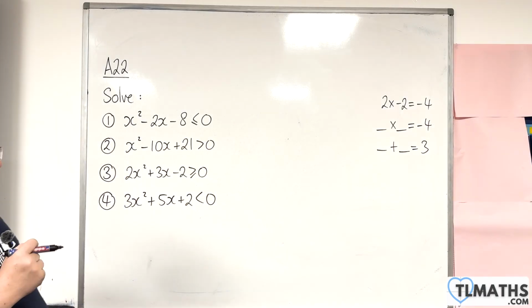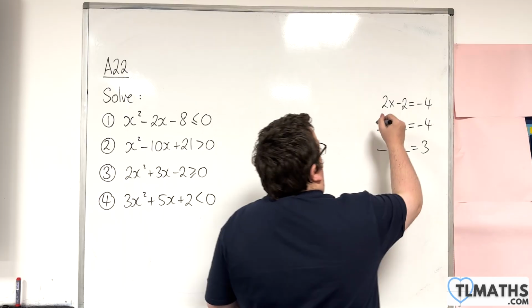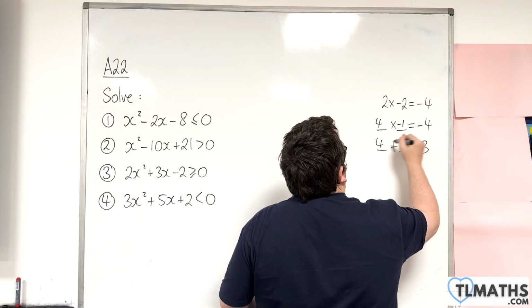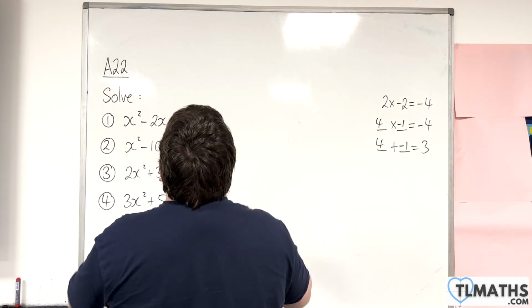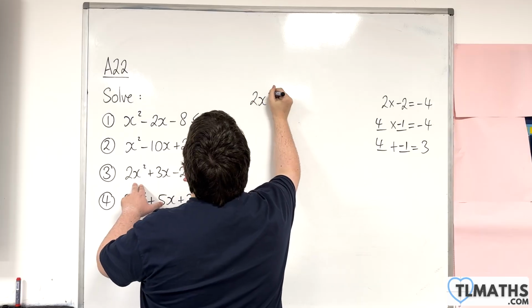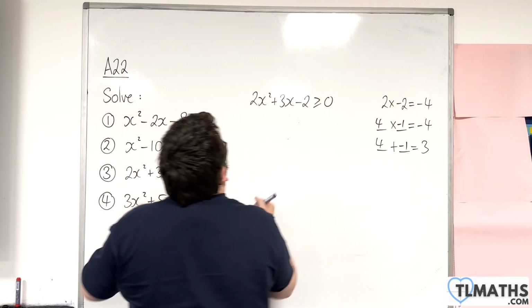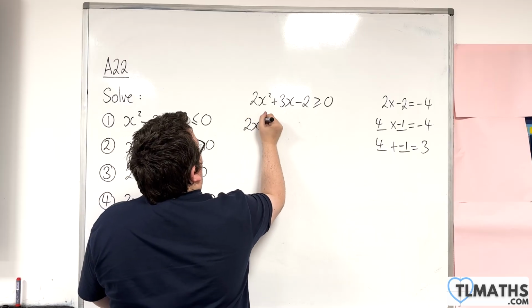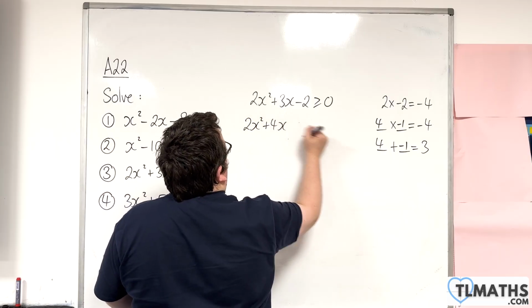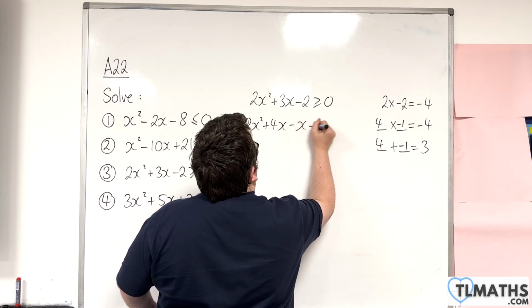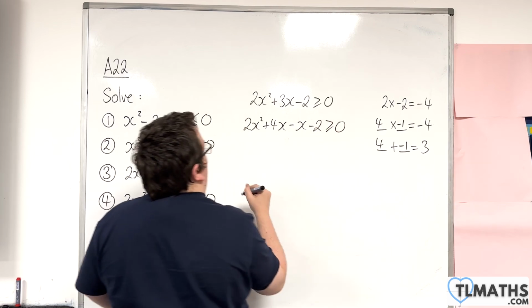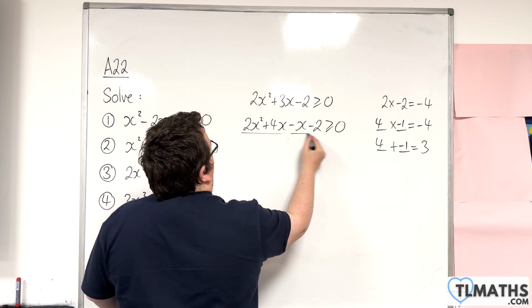That would be 4 and -1. So 2x squared plus 3x take away 2 is greater than or equal to 0 we can write as 2x squared plus 4x take away x take away 2 is greater than or equal to 0. Factorise the two halves.